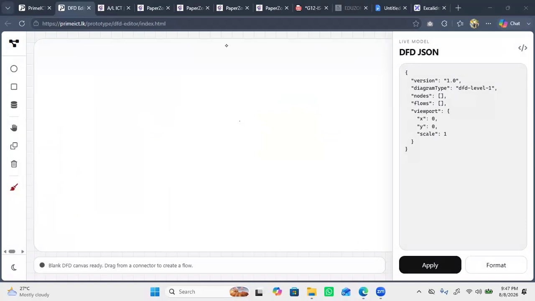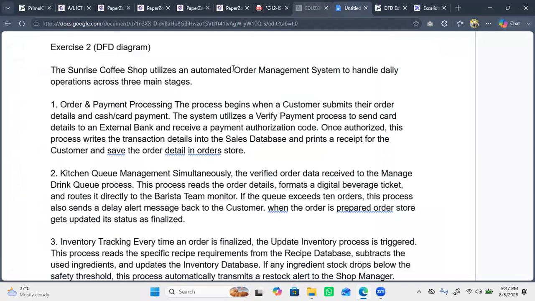So what it is saying, I'll bring it here. First thing, order and payment processing.